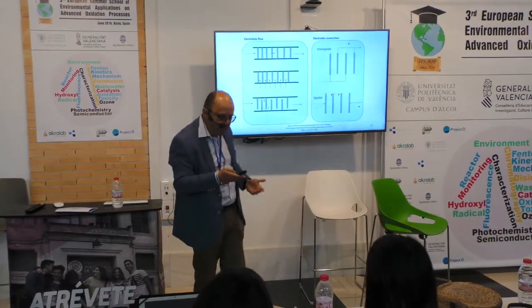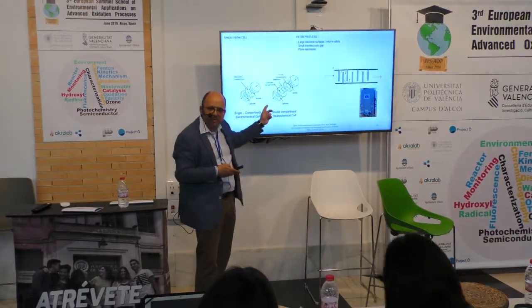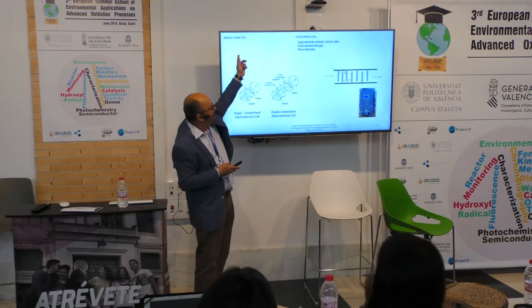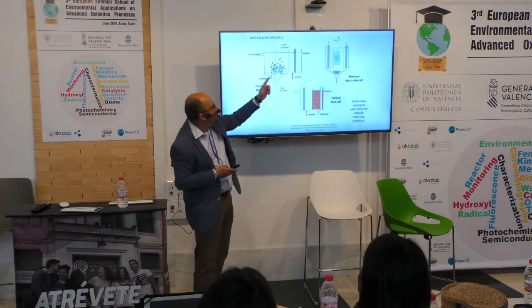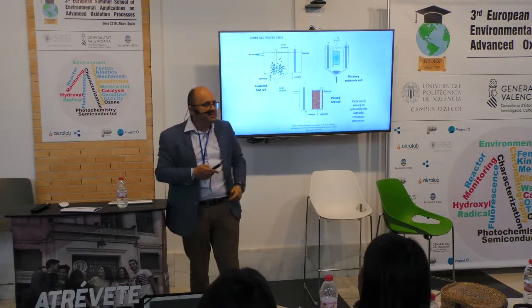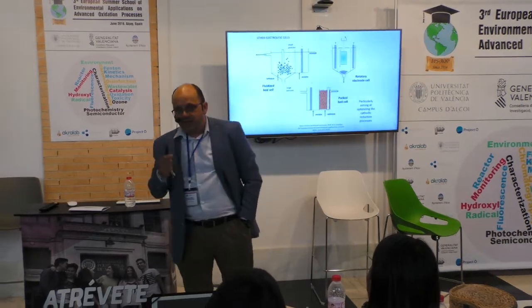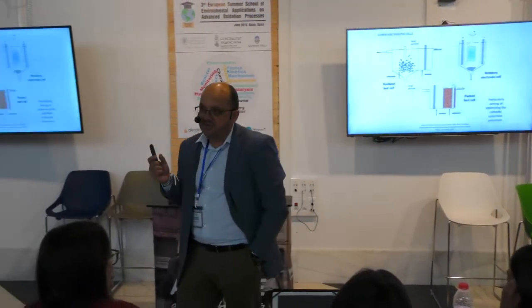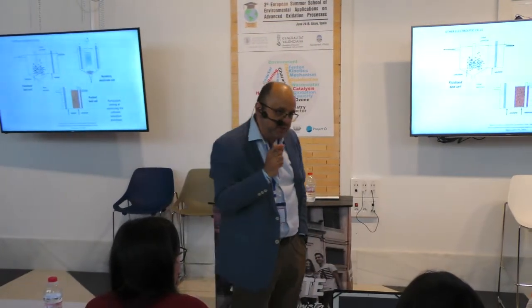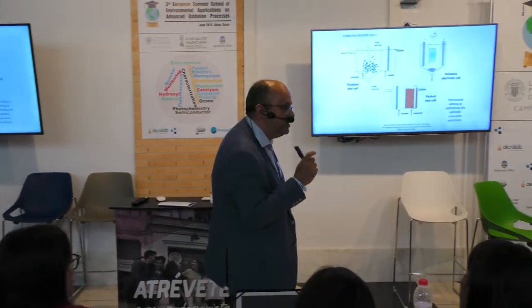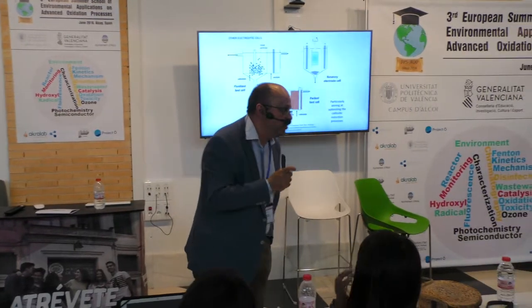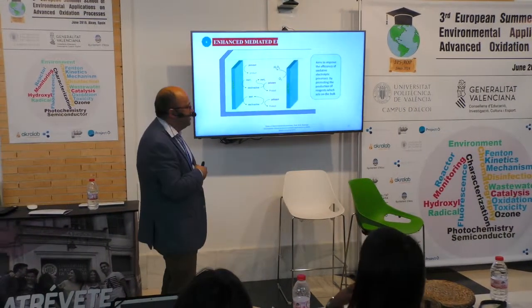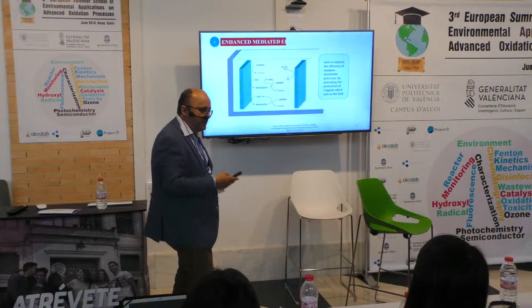Or you can use many different possibilities, from single flow cells, filter flow cells, or special design cells. Any kind of cell has a different efficiency, and it is very interesting to study not only the effect of the electrode, but also the effect of the cell that you are using.